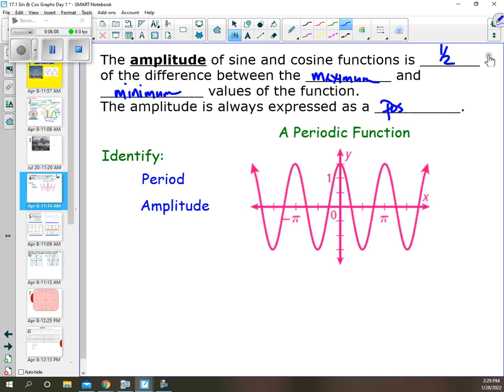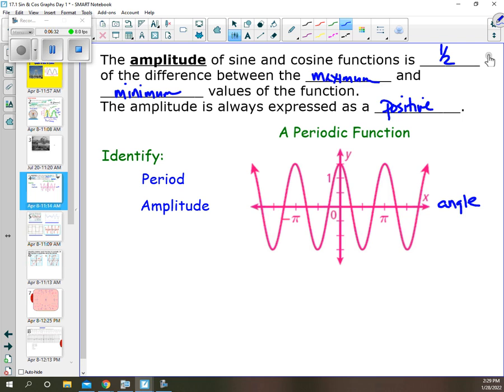Let's take a look at what it looks like for an actual sine or cosine graph. What you're going to see is angle measurements on the x-axis, so we're going to do a little bit of labeling here. In degrees it'd be things like 0, 90, 180, 270, 360, but in radians it'll be things like 0, pi over 2, pi, 2 pi, and so on.